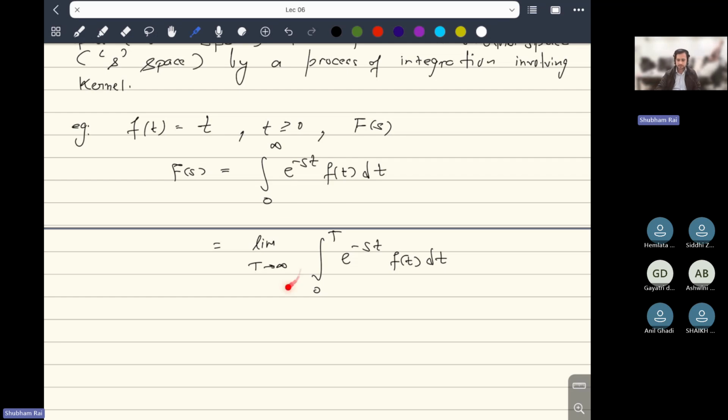So writing this is good practice. Otherwise, if you directly have infinity here, you will be confused. Anyway, so this is the definition of the Laplace transform. We will write limit T approaches infinity, 0 to T integral. Whenever we have limits as infinity, we call them improper integrals. Anyway, so let's solve this.